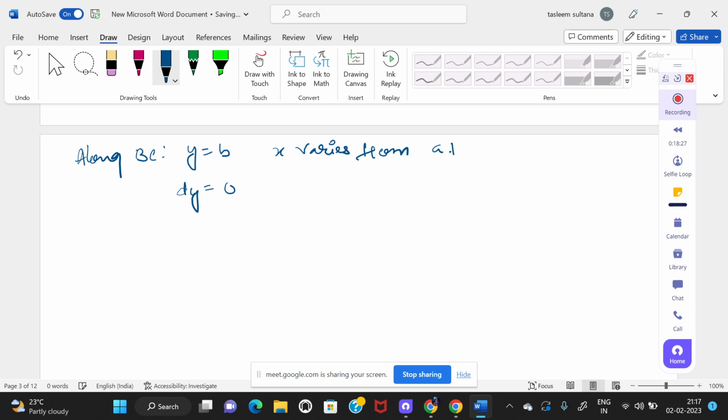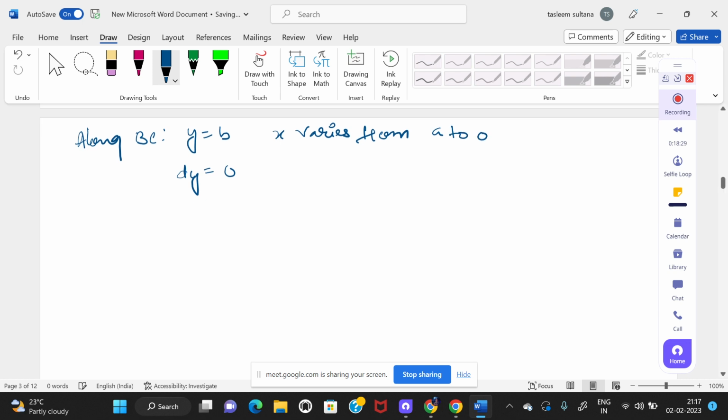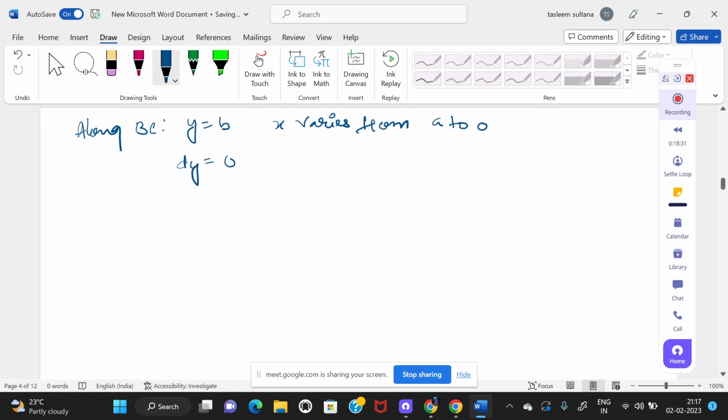And your f vector you have to substitute into your first equation, f vector into dr vector, where it is (x square plus y square) into dx minus 2xy into dy.